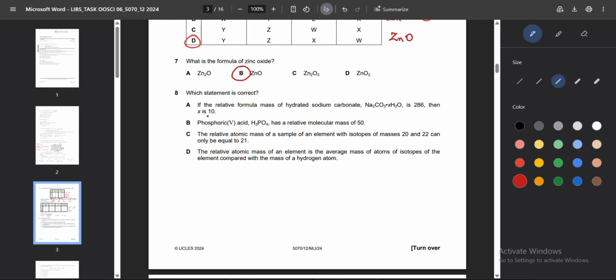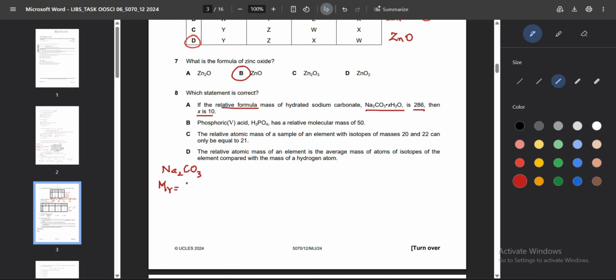Which statement is correct? The relative formula mass of hydrated sodium carbonate is 286, then X is 10. Now let's see this one, we can solve it over here. Sodium carbonate is Na2CO3 and we have to calculate its Mr, its relative formula mass.